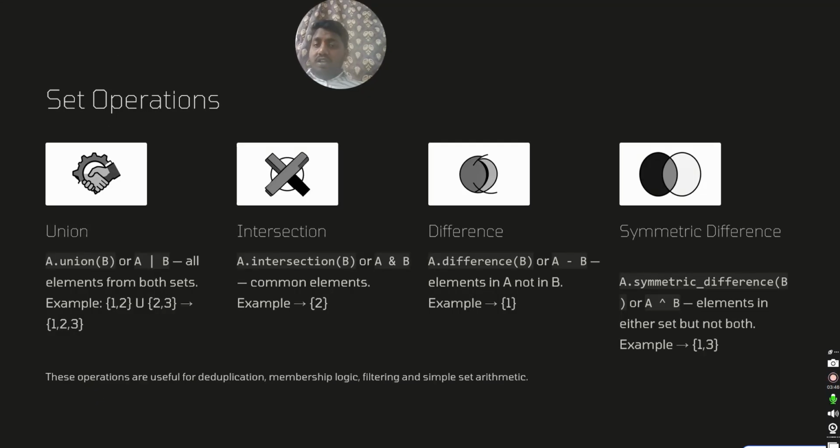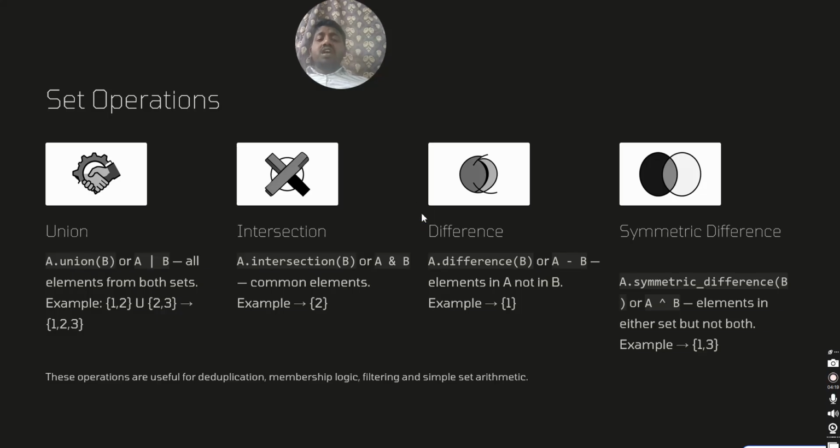Set operations include union, intersection, difference, and symmetric difference. Let us consider A with the set of values 1, 2 and B with the set of values 2, 3. A union B, or A pipe B, gives 1, 2, 3 without repeating values. A intersection B, also written A and B, gives the common elements in both sets, which is 2.